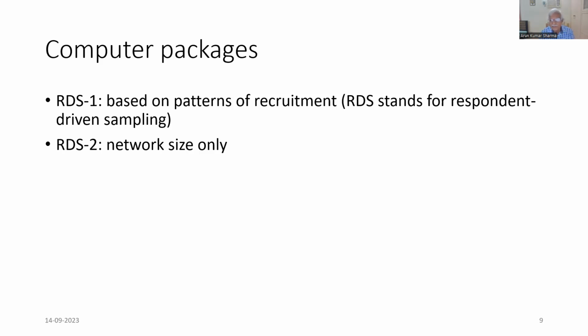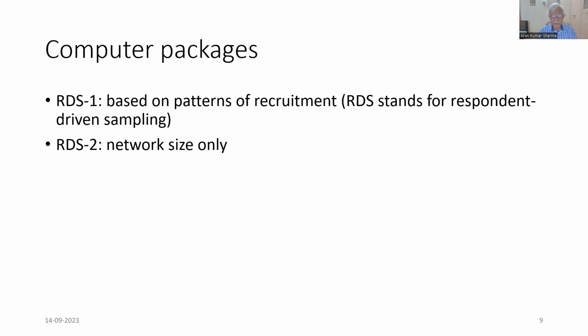There are some minor differences. Normally, you will not use these computer packages. Social scientists do not make use of these computer packages for estimation of results, parameters in snowball sampling or convenient sampling.